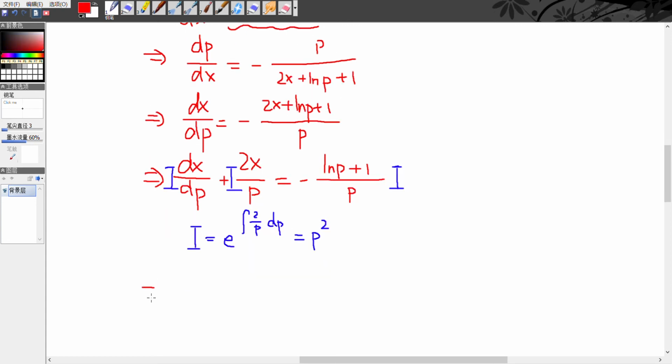And then we'll have exactly the same, which is d by dp of (xp squared) equals negative p ln p minus p.